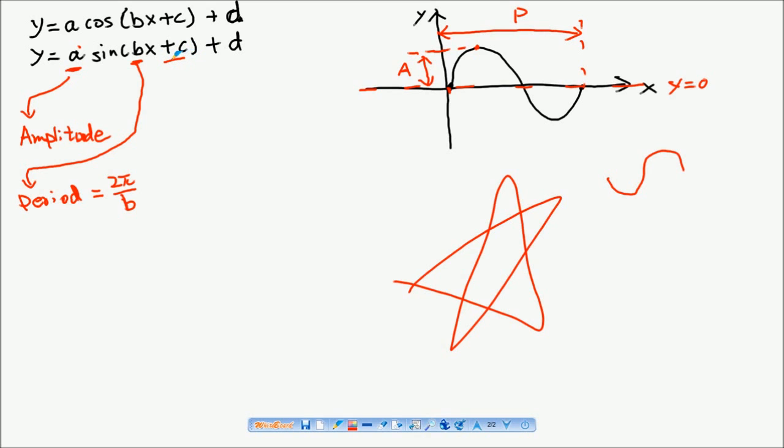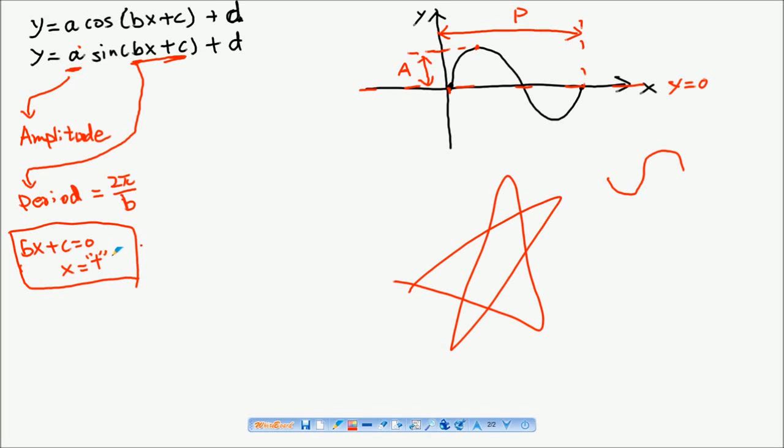And when we have something like plus c, we make whatever is in the bracket equal to 0 and solve for x to find the horizontal translation. If x is positive, it moves to the right.